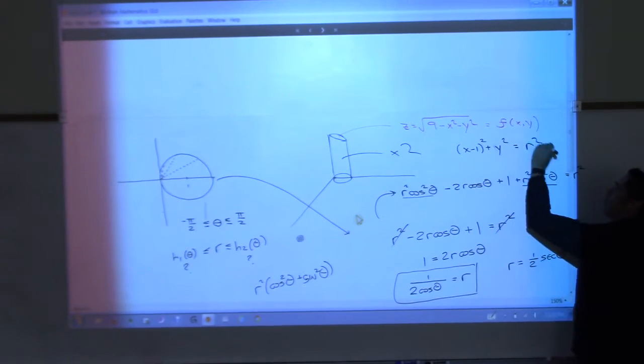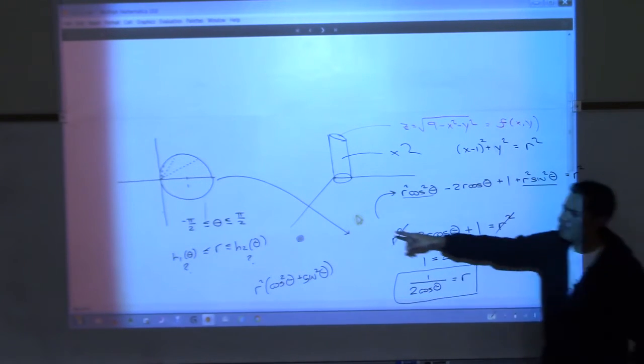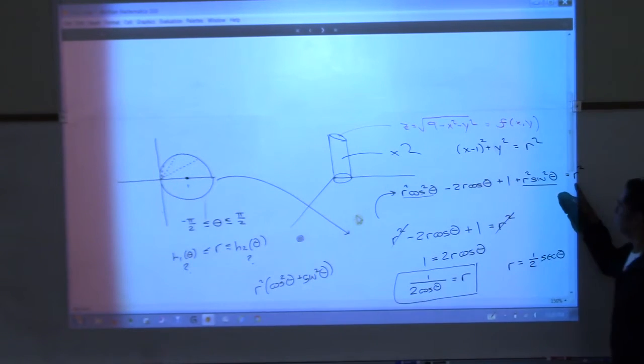I had written the general equation up there, but I never plugged in what the radius of our circle was. What was the radius of our circle? 1. It was 1, wasn't it? Remember when I was writing this? Right here. This should have been a 1.